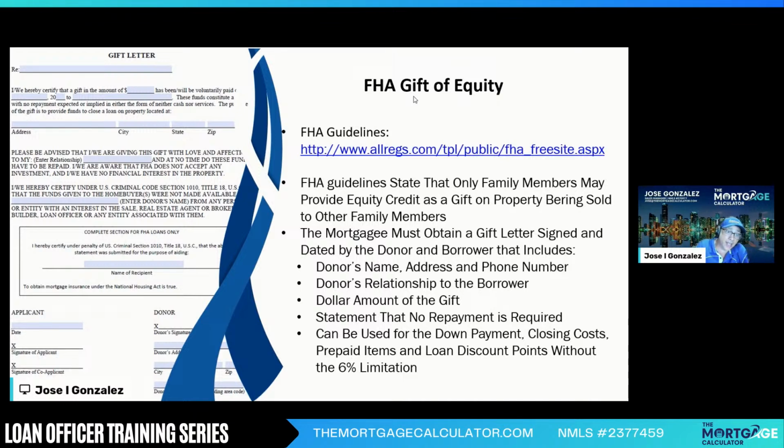And then that contract that clearly notes the gift of equity, you have to make sure that that is the contract that's given to the appraiser so that the appraiser can also note on the appraisal the gift of equity, because like any other transaction, these concessions have to be clearly documented on the contract and on the appraisal so that the underwriter can also consider them as a source of funds for the transaction. So FHA, gift of equity, the most common one.